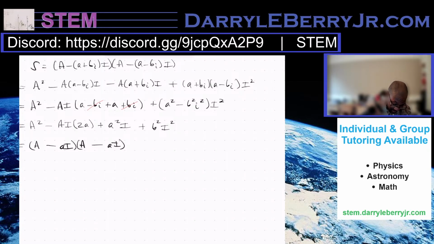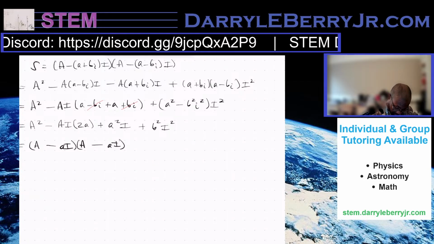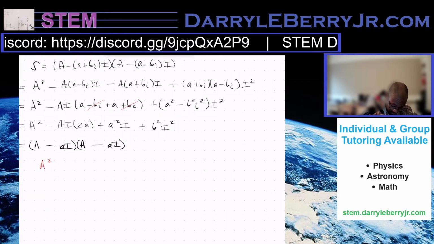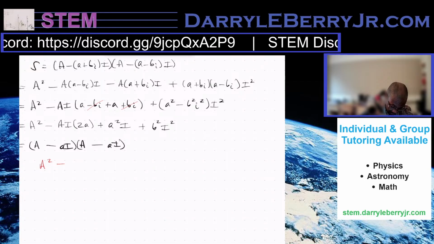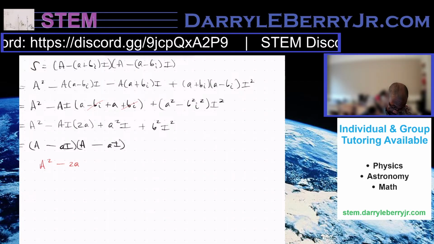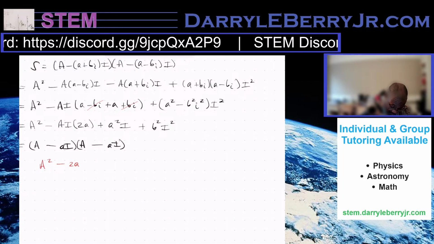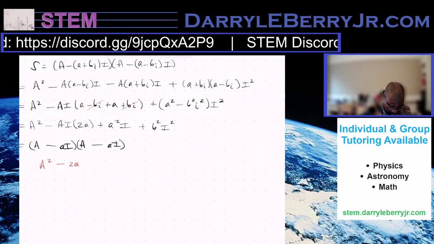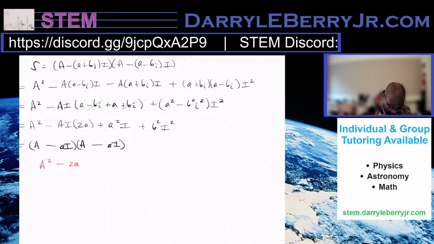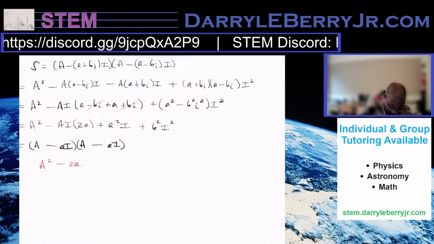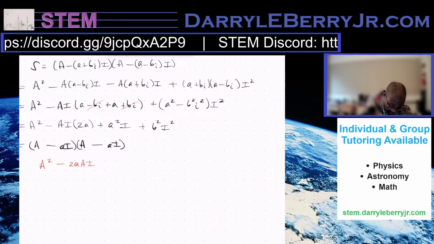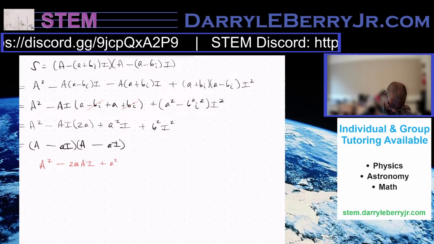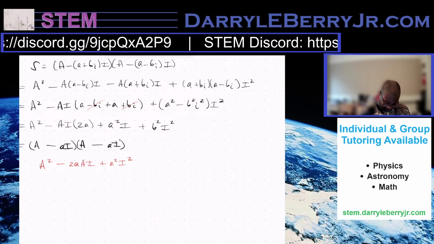So if I multiply this out, I will get a squared minus 2ai plus a squared i squared.